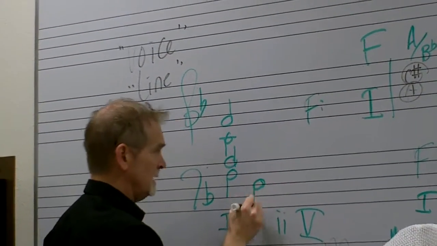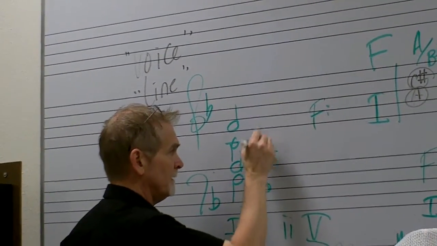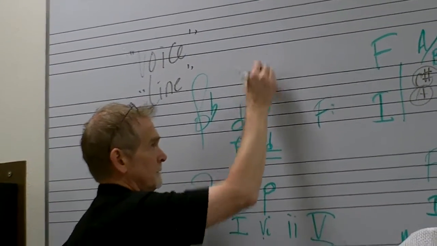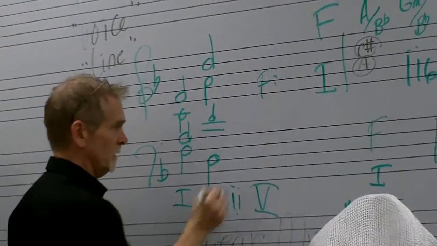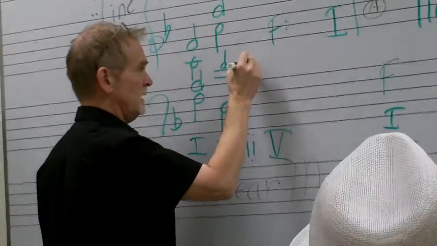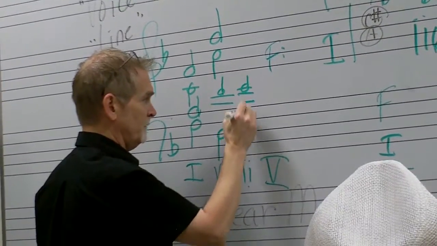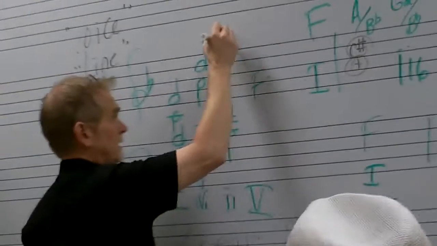I've got a D, and I need an F, and I need an A, and I need a D. And now I'm going to a 2 chord. It's a G minor chord. So I want a G, and I want a B flat, and I want a D, and I want a G.